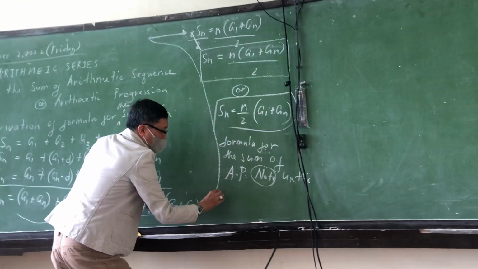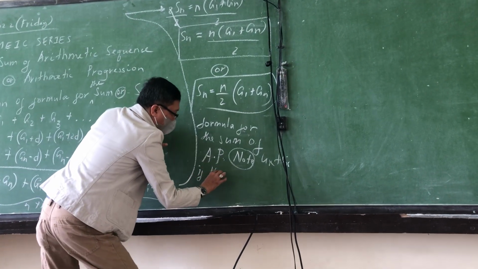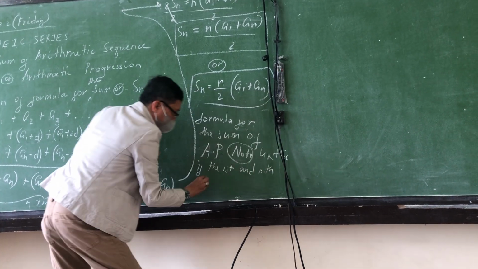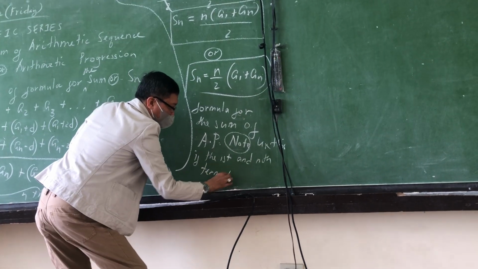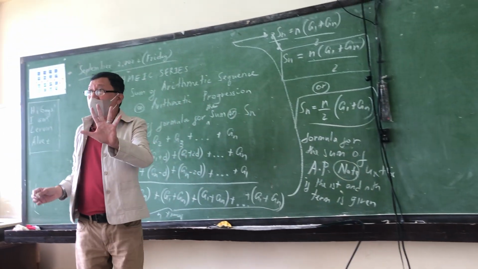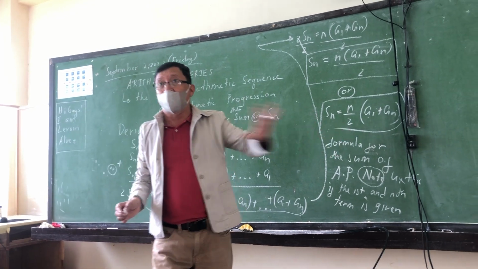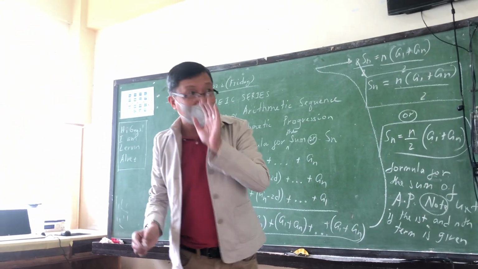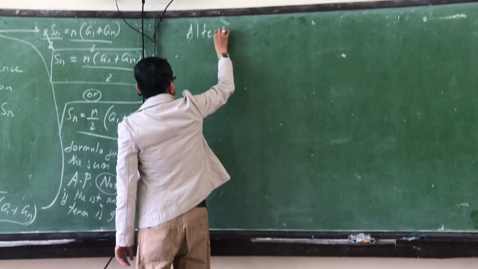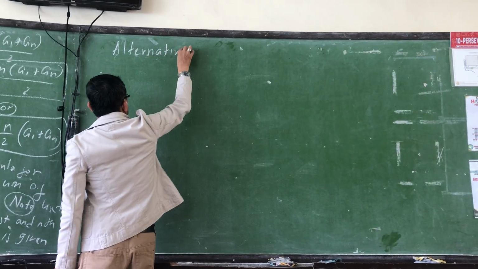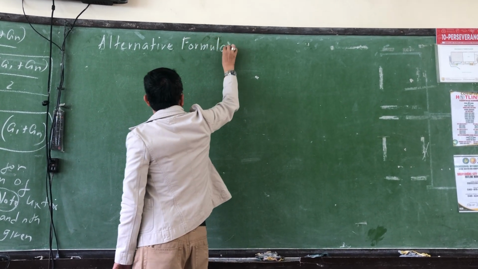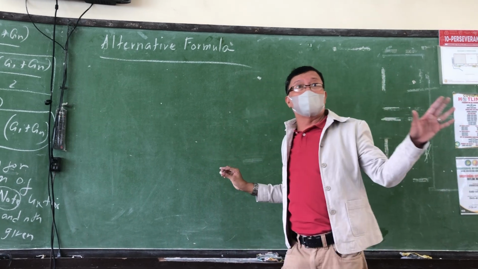Use this if the first and nth term are given. Of course, even the number of terms. Of course, the n must also be given. Okay? But there is an alternative formula. What is the alternative formula?